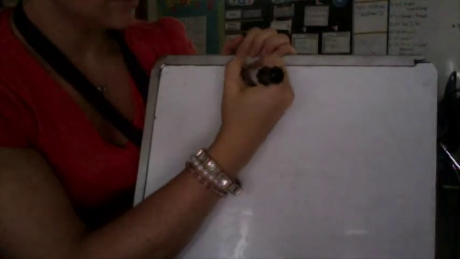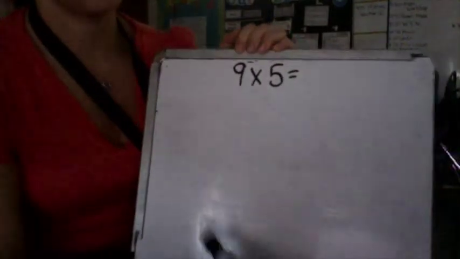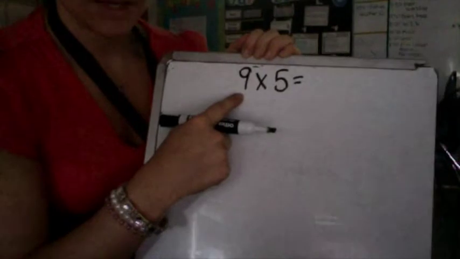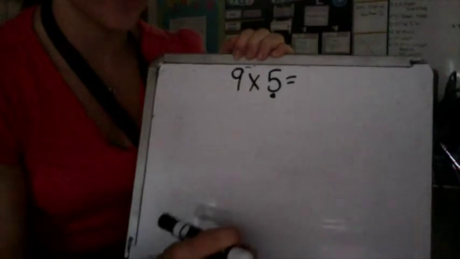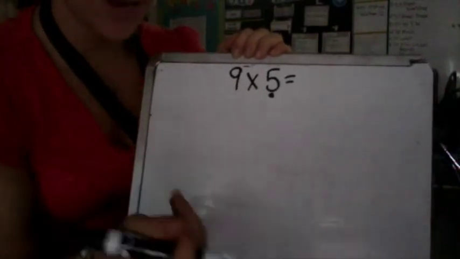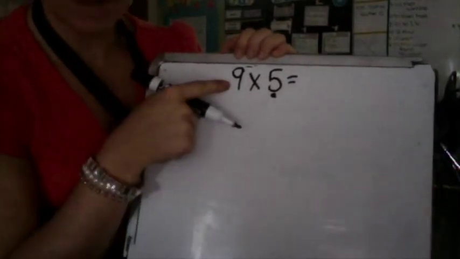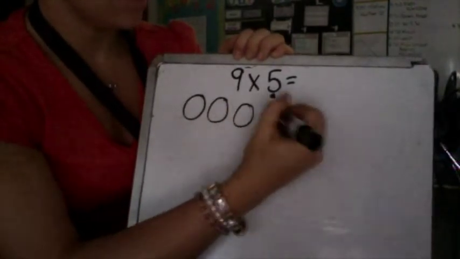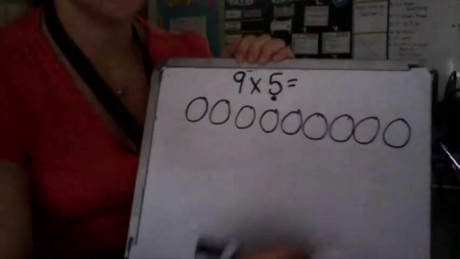Let's go ahead and do another one, please. Let's do 9 times 5 equals. Now, I am going to keep this way because I know that if I put 5 inside each group, I can skip count by 5s. And I know how to do that really well. So I'm going to keep this way. And I am going to draw those 9 groups. 1, 2, 3, 4, 5, 6, 7, 8, 9.